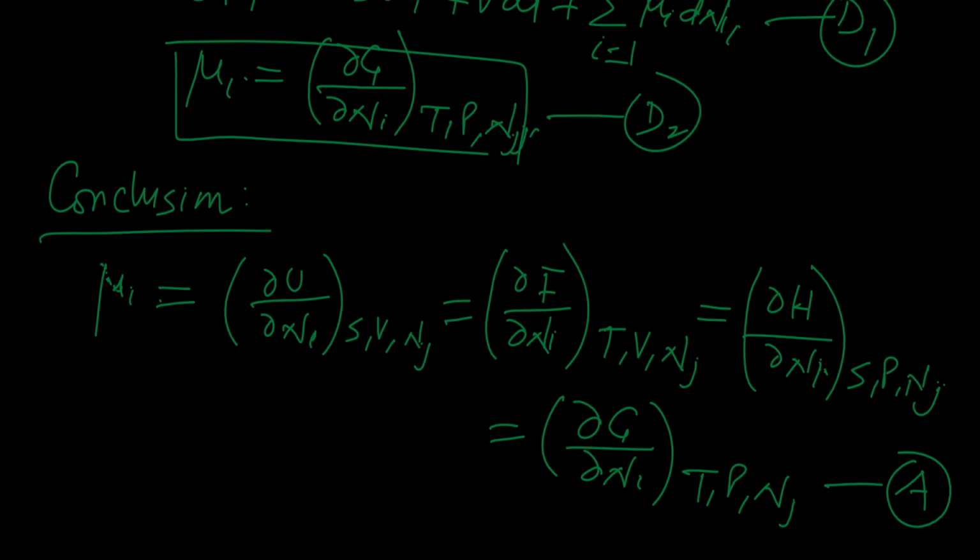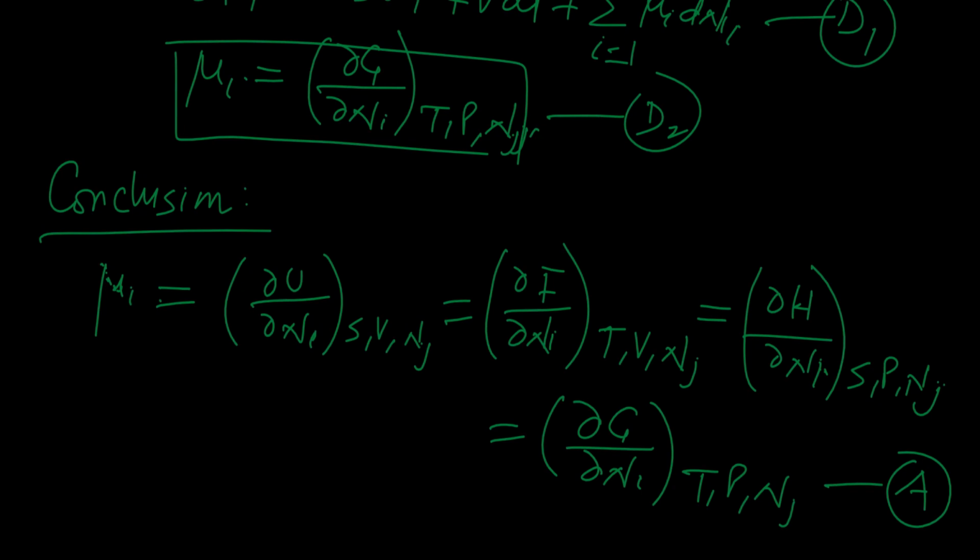So, the chemical potential of any component in the system can be obtained by differentiating any of the thermodynamic functions, that is U, F, G and H, with respect to the corresponding number of particles, keeping other thermodynamic variables fixed.